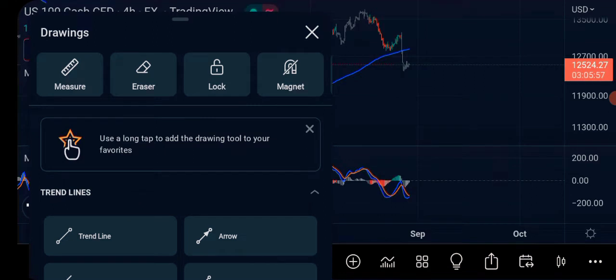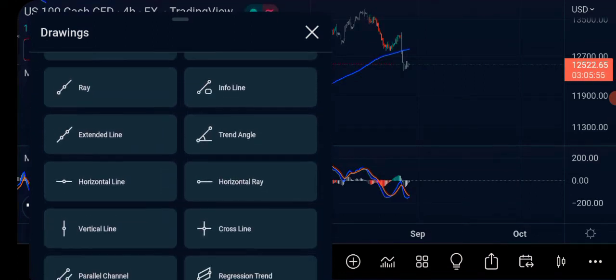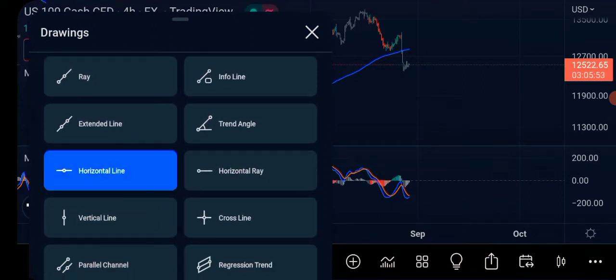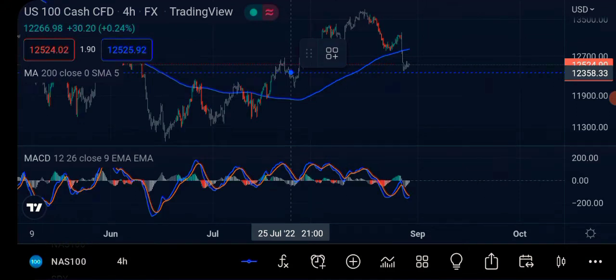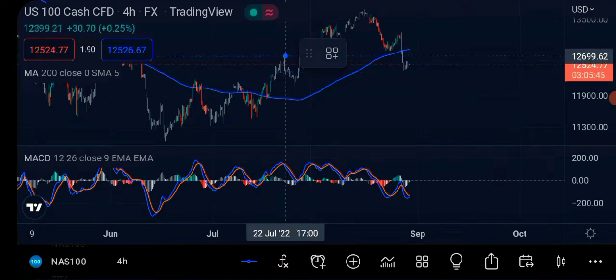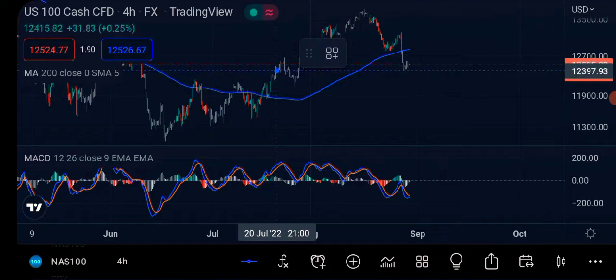You use a horizontal trend line because you need to determine either a resistance or a support line. If you check here now, you see we have a resistance here.